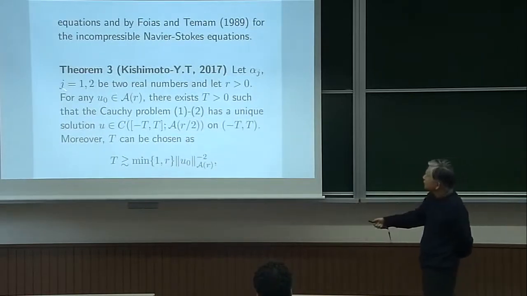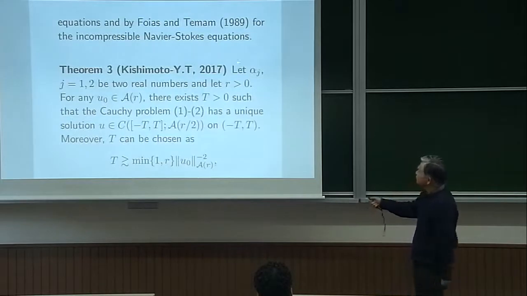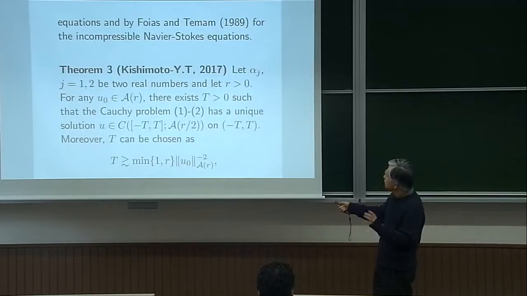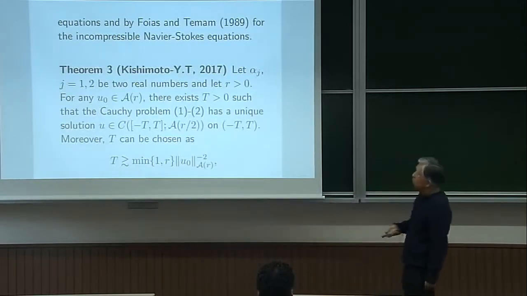So let alpha j be real numbers. We allow alpha j to be 0, because dispersivity has nothing to do with this theorem. And let R be positive.